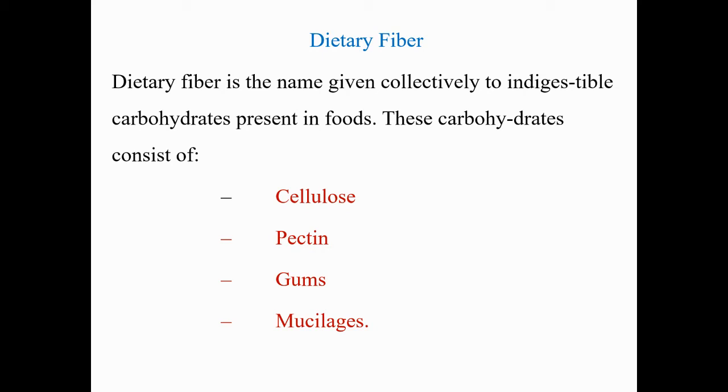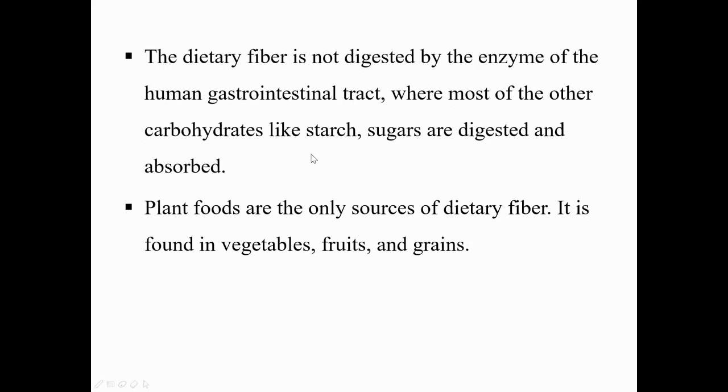I hope you all know about cellulose, the cell wall component. You also came across pectin in the cell wall, and then gums and mucilages. These are the major dietary fibers.